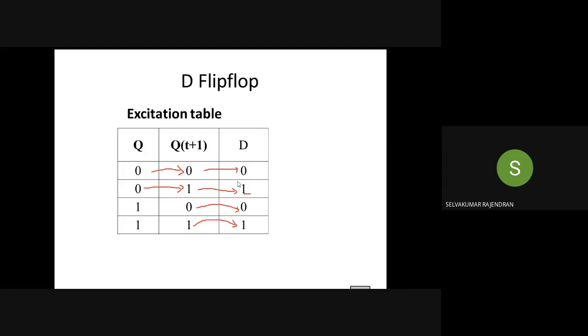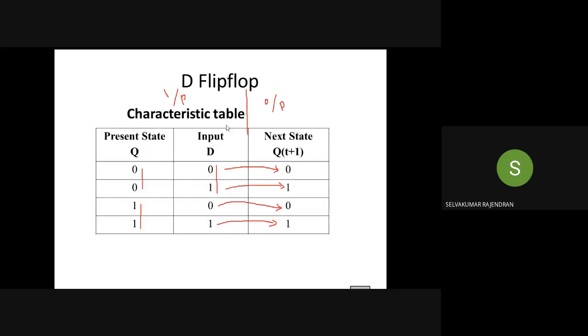Then the third thing is the characteristic equation of the D flip-flop. The characteristic equation gives the Boolean expression for the next state value. From this characteristics table, you can observe that the next state value Q of T plus 1 follows D, that is the input.